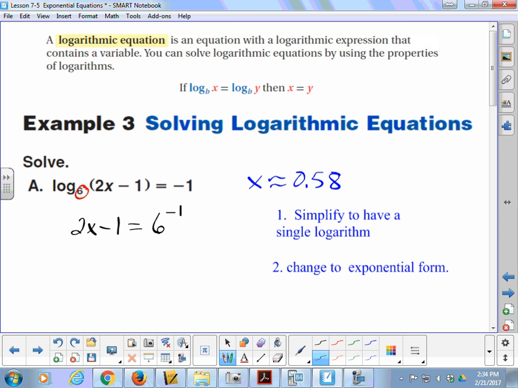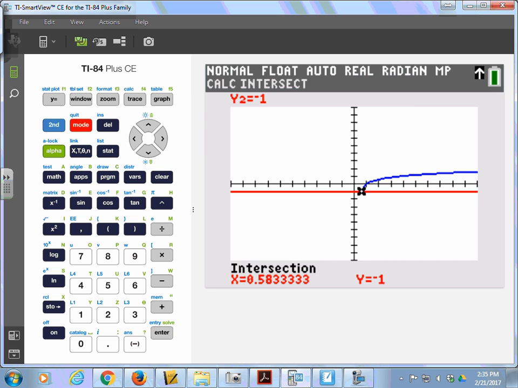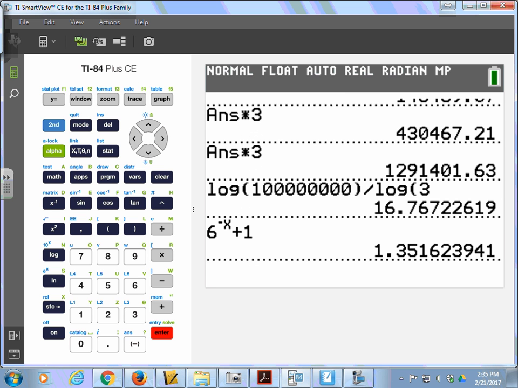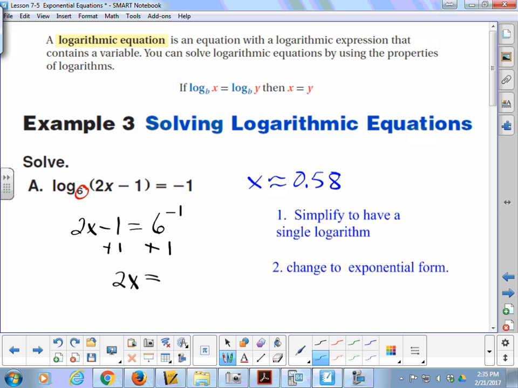Now I have a linear equation. So we add 1 to both sides, and then divide by 2. 6 to the power of negative 1 plus 1 is 1.35, and divide by 2.